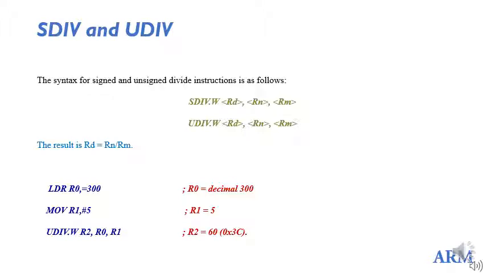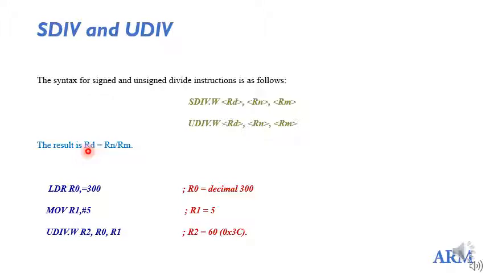We'll take an example for the divide operation. As mentioned, the syntax for the signed and unsigned divide instruction is sdiv.w Rd, Rn, Rm, and udiv.w Rd, Rn, Rm. So this is going to perform Rn divided by Rm, and the quotient will be stored in Rd.